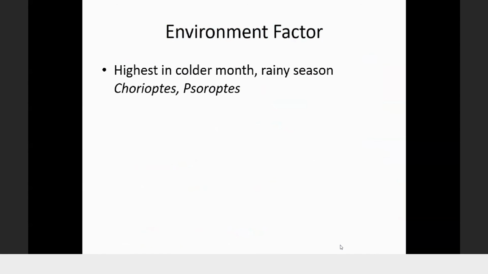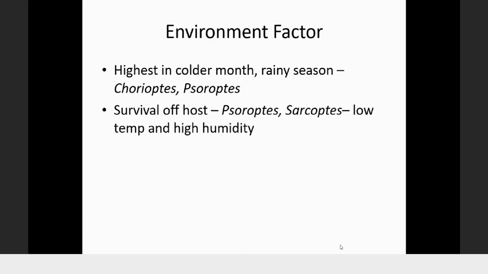So another environmental factor, mites usually are more common in rainy season or colder months. And then some mites can survive in the environment, for example, in low temperature and humidity, usually in the farmhouse, okay, that resistance.